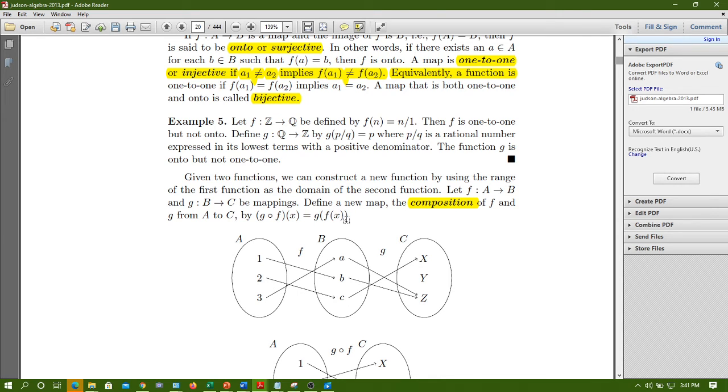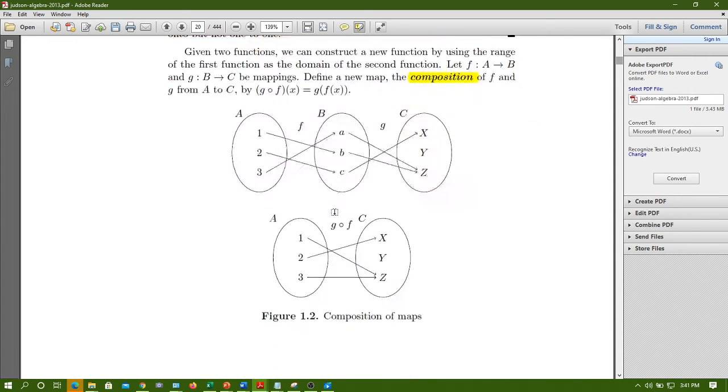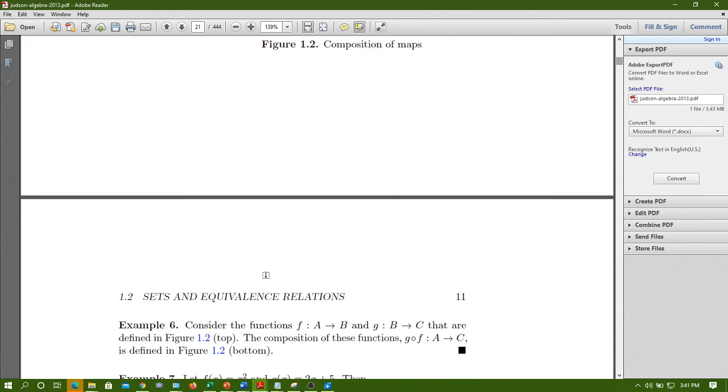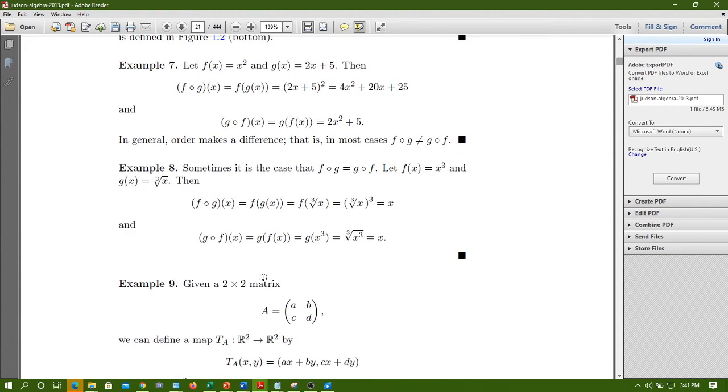That means a function is the input of another function. So whatever value we get from that function can also be the input to the outside function. Do you understand what I'm saying? Hopefully, composition of maps.